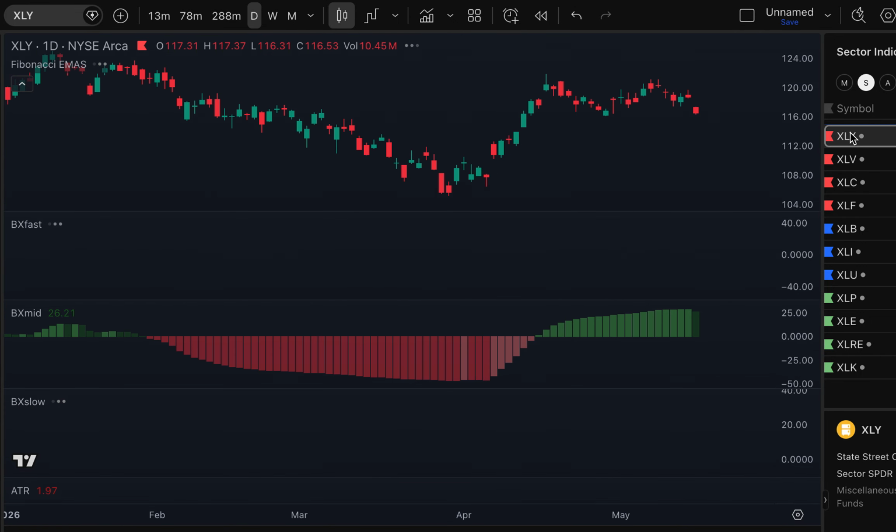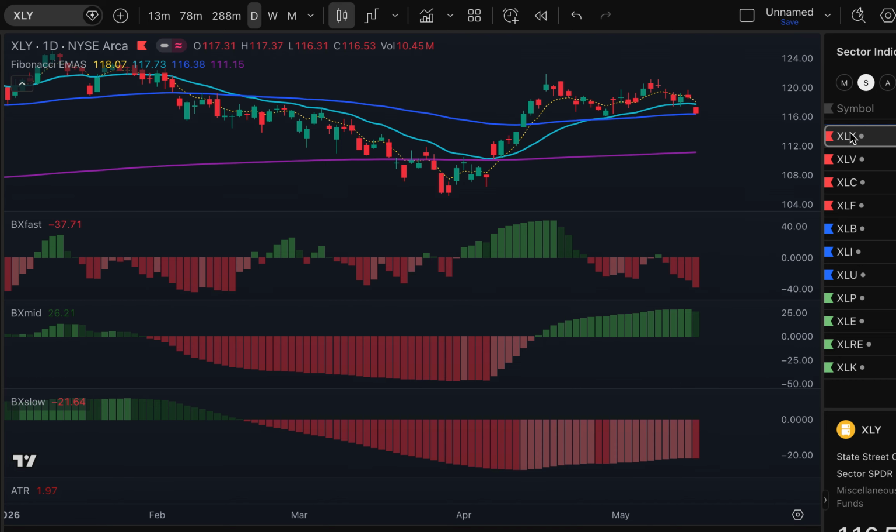And finally, the discretionary sector, XLY. The long-term momentum was starting to increase, but then on Friday we got our first dark red, and it did break below the 21 EMA. So we'll be watching to see if that's going to continue fading or not.